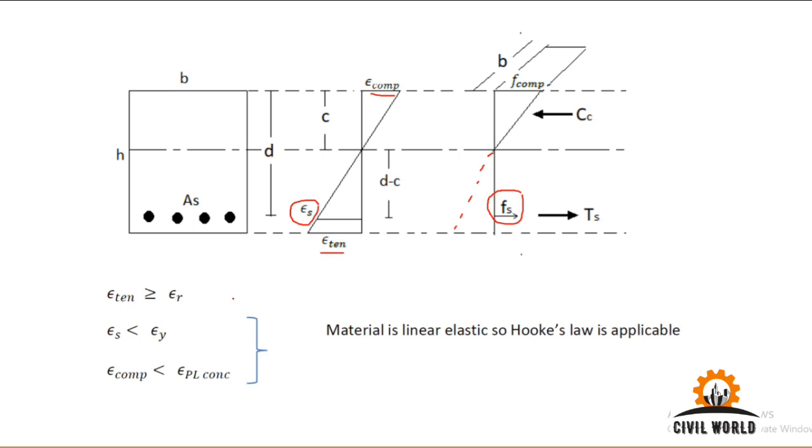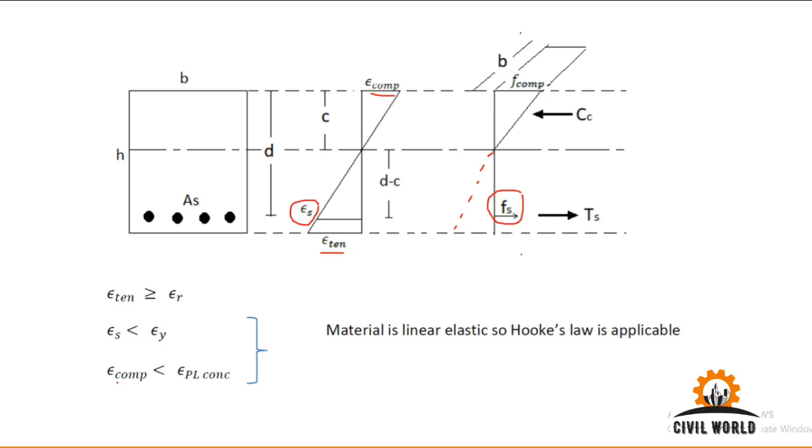In this case, we are assuming that the concrete is cracked, so your tensile strain in concrete is greater than or equal to the cracking strain, epsilon r, and then your strain in steel is less than yielding strain.